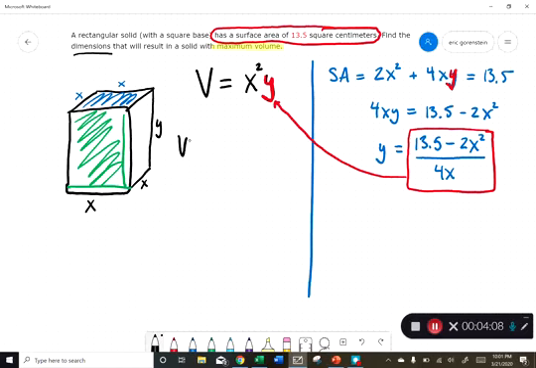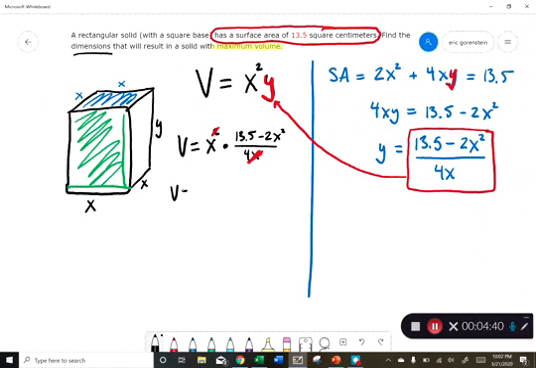All right, so we could say volume is now equal to x squared times 13.5 minus 2x squared, all divided by 4x. Okay, now let's do a little bit of simplifying here. One of these x's will cancel off with that x. So let's get rid of that.